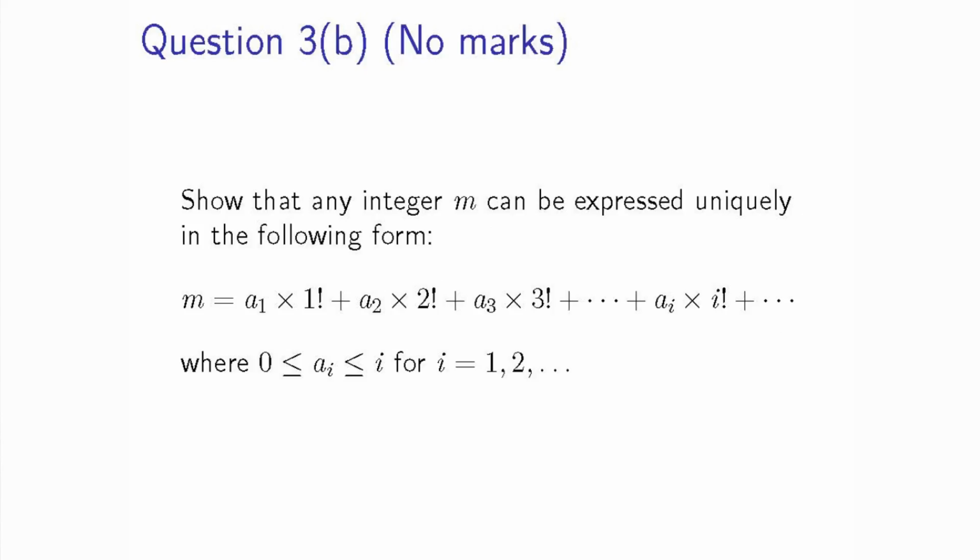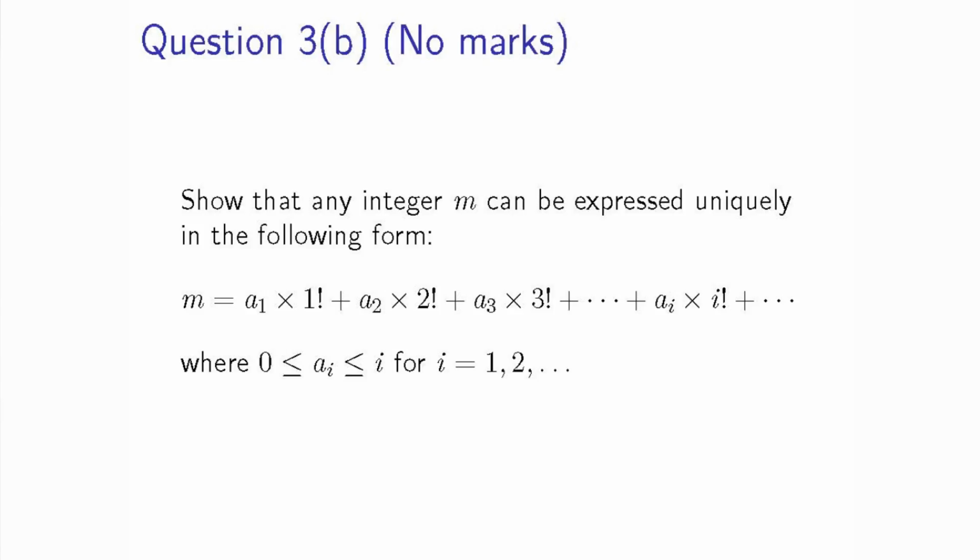So for question 3b, we find this in the original source. These 2 questions are put together, but this part is less related to combinations and permutations, so we left it with no mark. But because it's very interesting, we put it here.